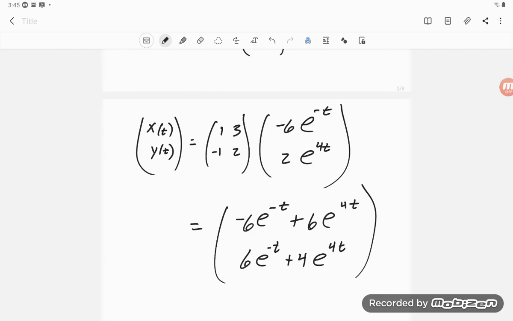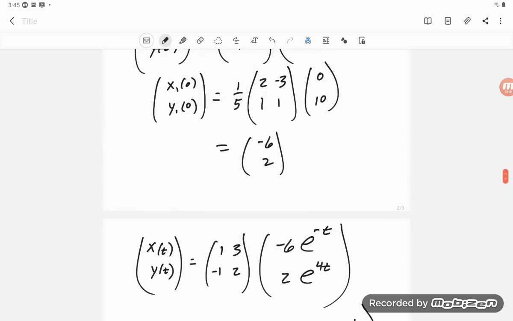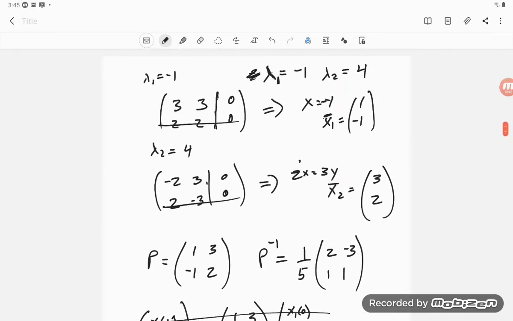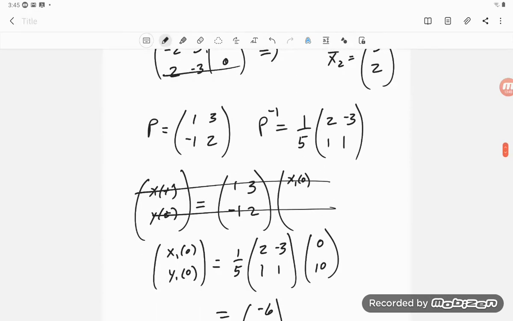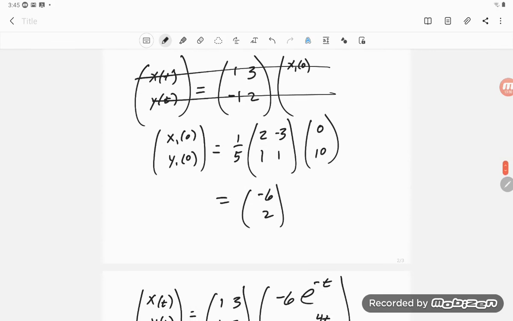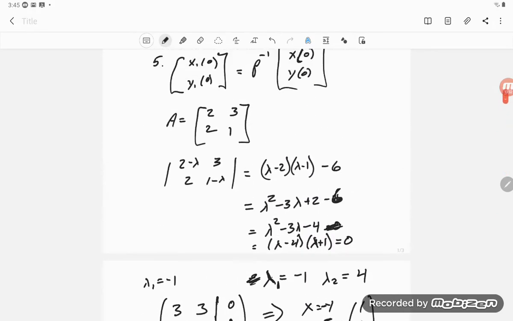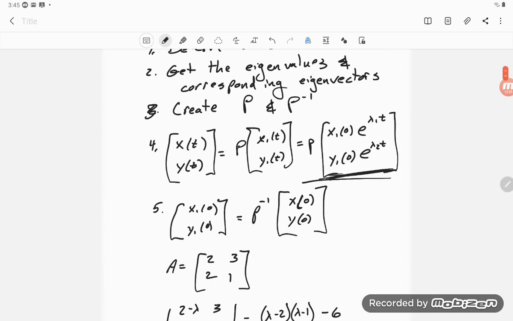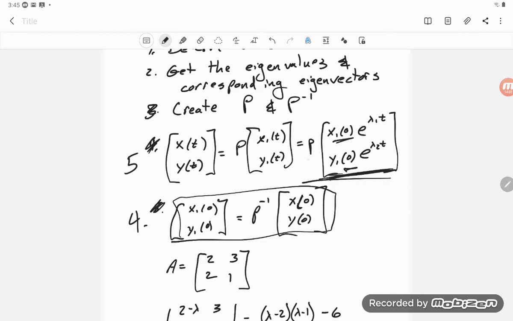Okay, so it's a pretty algorithmic sort of thing. You know, I find those eigenvalues, get the eigenvectors, produce the P's here, and then, yeah, I would say probably it makes the most sense computationally to find the constants first that we need, and then go ahead and multiply by P. Yeah, I think it saves a little bit in doing that.